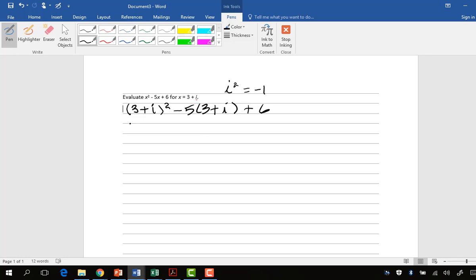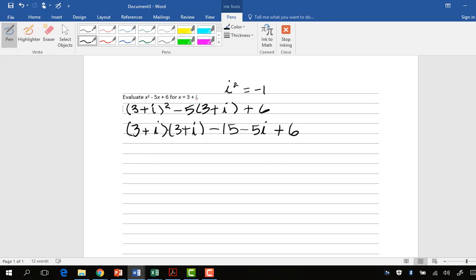Now when I square 3 plus i, I have to remember that that's 3 plus i times 3 plus i. Here I have minus 5 times 3 plus i, so minus 5 times 3 is minus 15, and minus 5 times i is minus 5i. And then I have the plus 6. Here I need to use the distributive property twice, which is sometimes called FOIL.